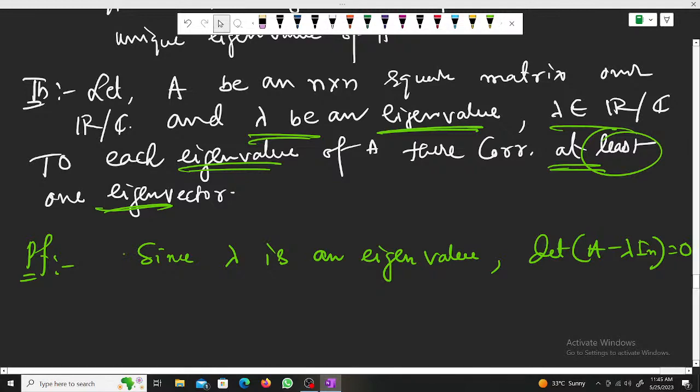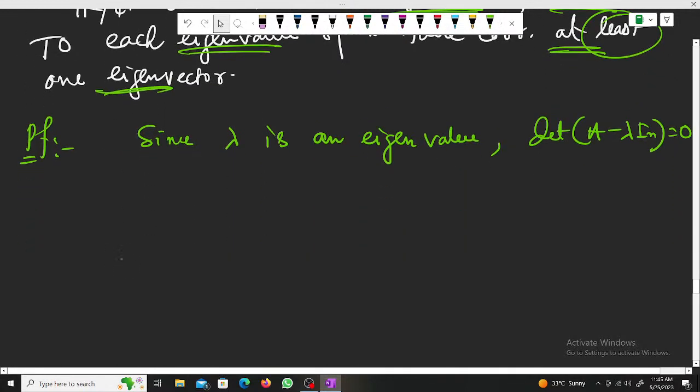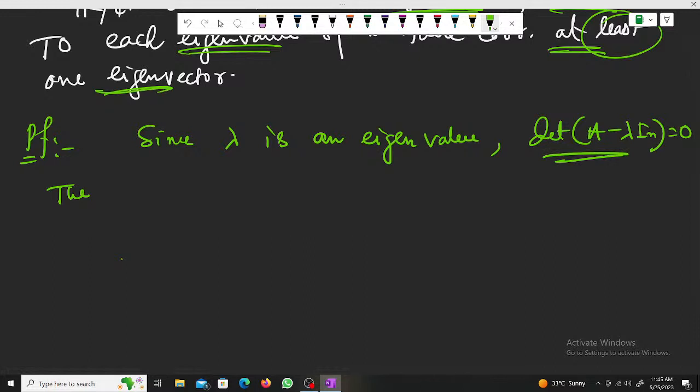Therefore we can say that the homogeneous system of equations, this is a homogeneous system equation, right?